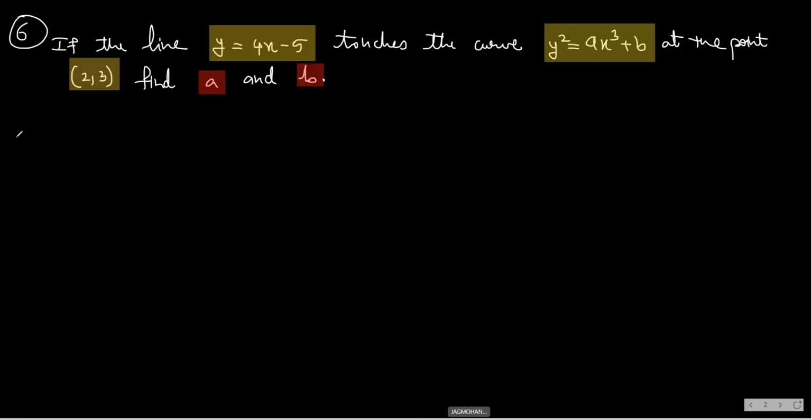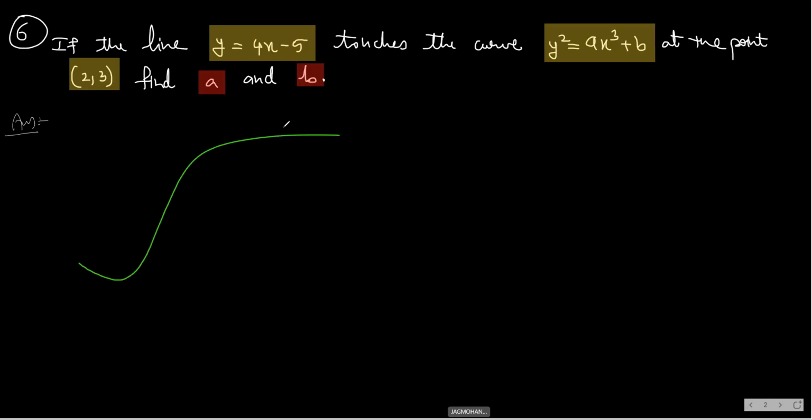Now we have another question here. See, the question here is, if the line y equals 4x minus 5 touches the curve y square equals ax cube plus b. So think there is some curve, any curve. It could be any curve. So think there is some curve, y square equals ax cube plus b.